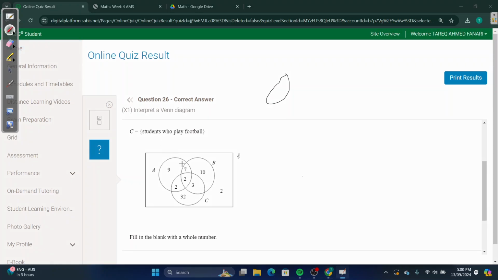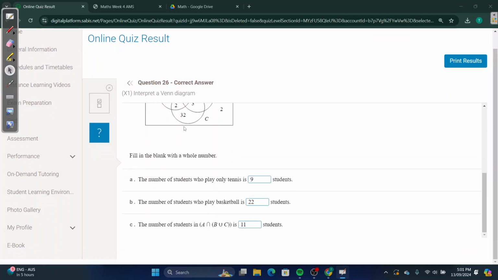It's these values here, because it's intersecting with the union. So it's going to be 7 plus 2 plus 2, sorry. 7 plus 2 would be 9, plus 2 would be 11. Or 7 plus 4, you can add up the 2's first. Which gives 11, and that's your final answer.